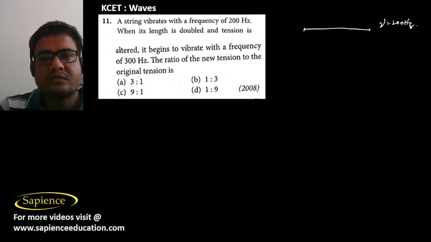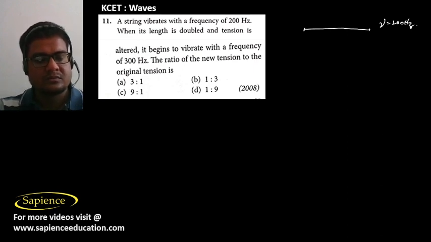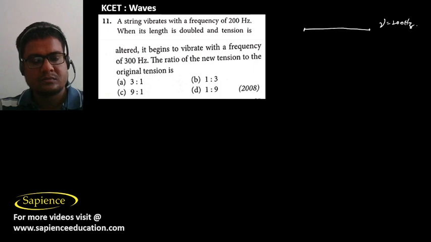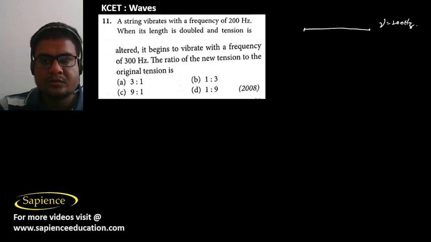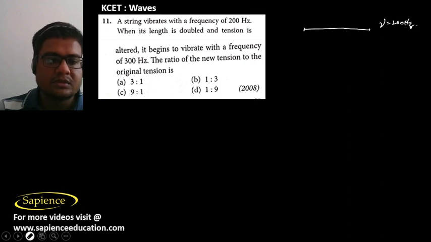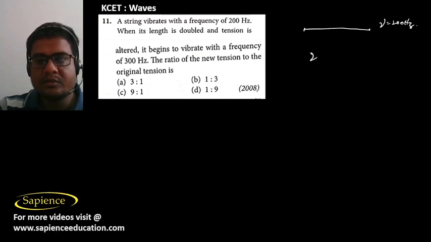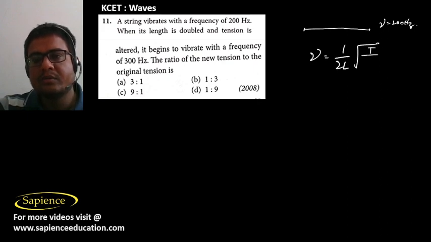So we know that for a vibrating string, the frequency of vibration, nu, is given as 1 by 2L root over T by mu, where mu is the mass per unit length.